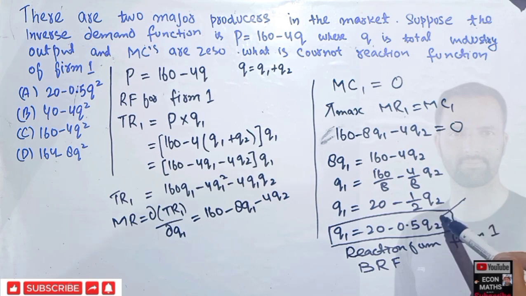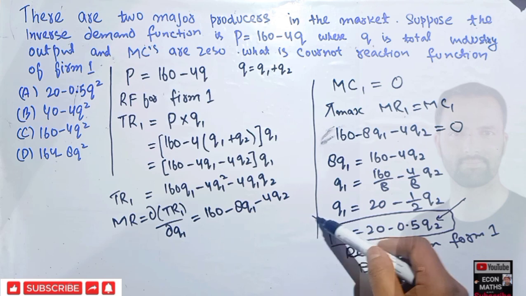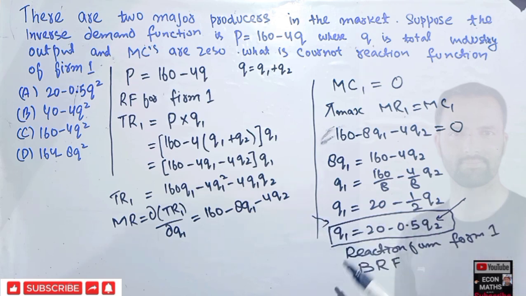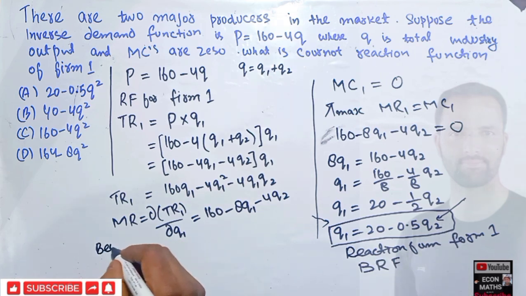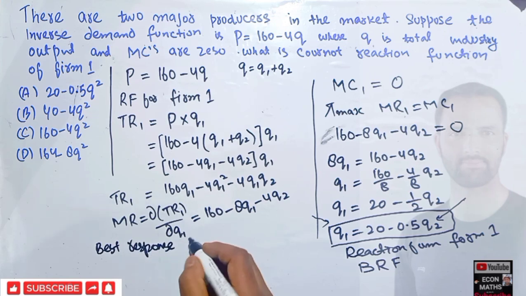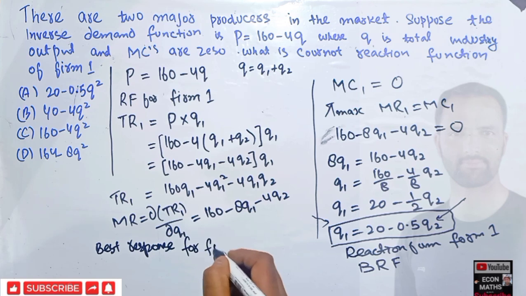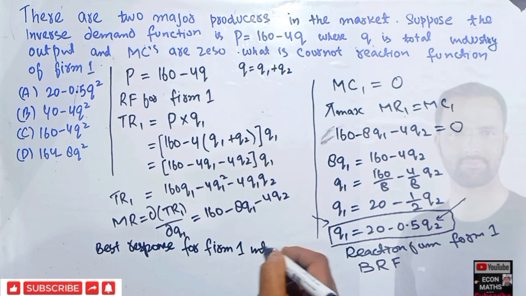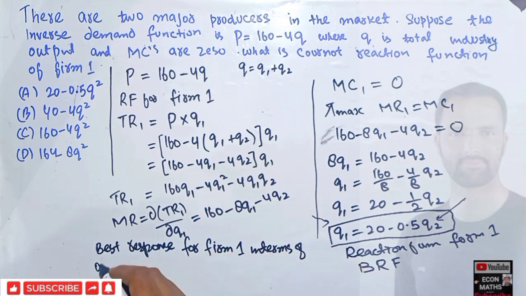If firm 2 changes Q2, firm 1 will change Q1 accordingly, because Q1 is a function of Q2.